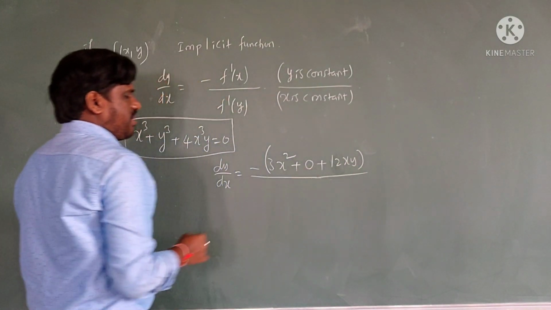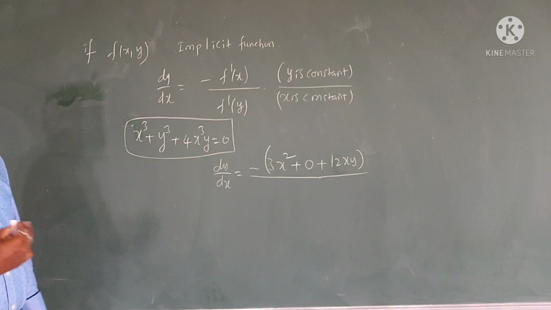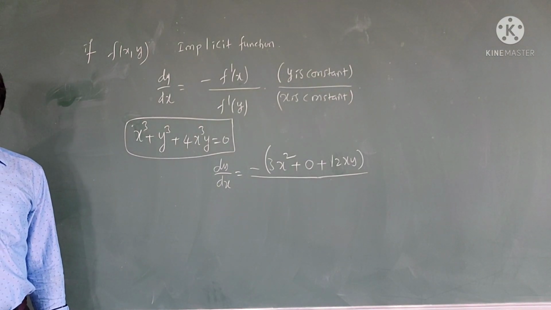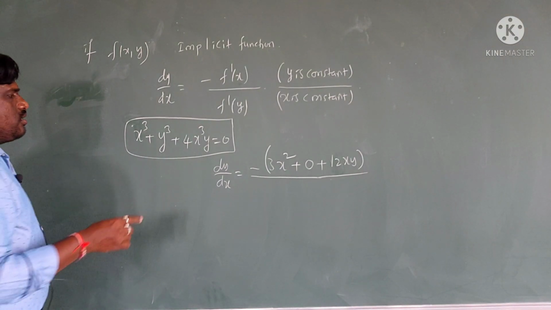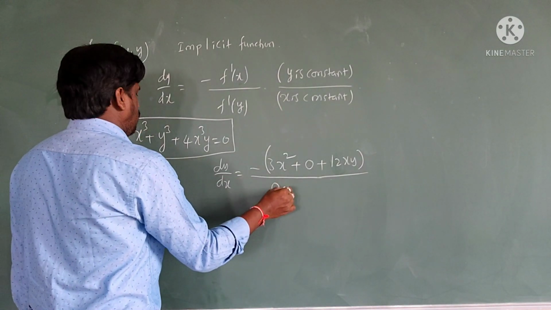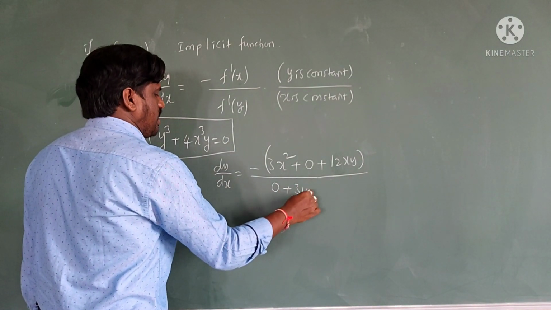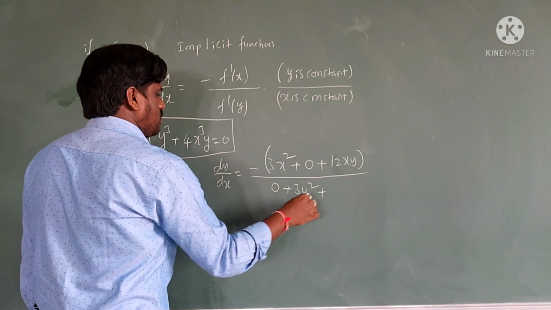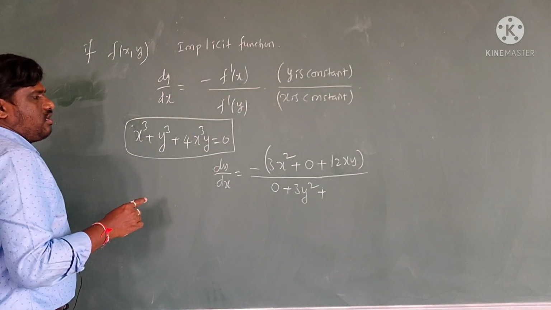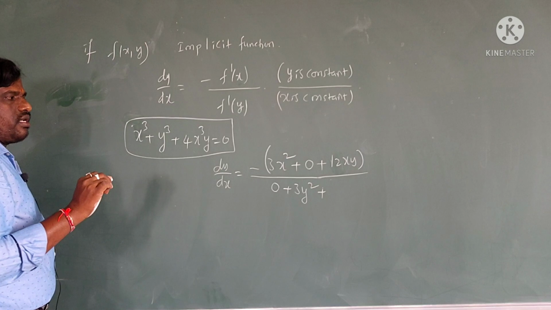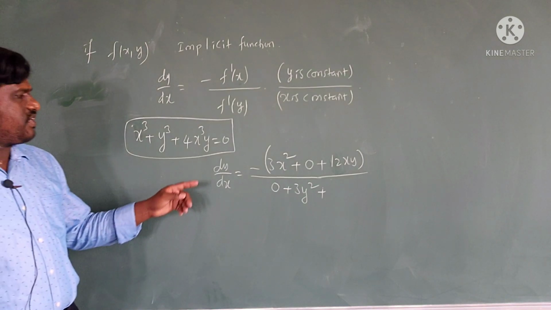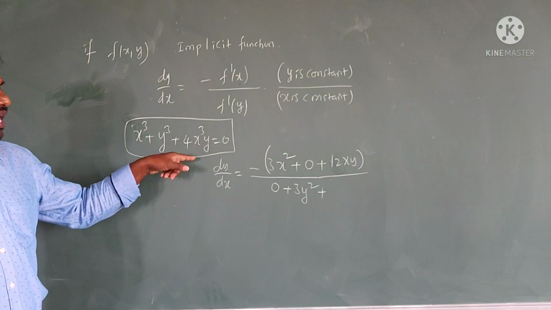So I'll get 12x square y divided by, and then denominator also, but you have to differentiate with respect to y. So what do you get? This is 0 plus 3y square plus, what I get here? 4. We are differentiating with respect to y here.